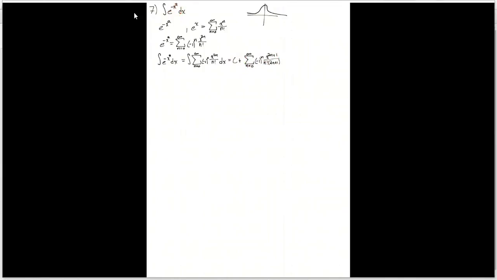So if we wanted to approximate what this integral is, if we've got bounds, then we could put those bounds on here, do the sum, and look at the first few terms, and then we're able to approximate what this might be, right?